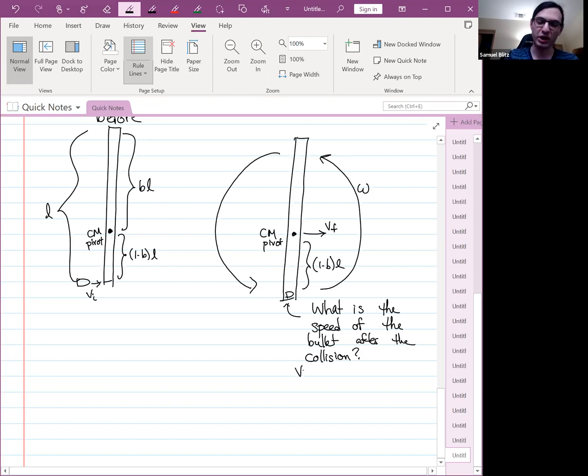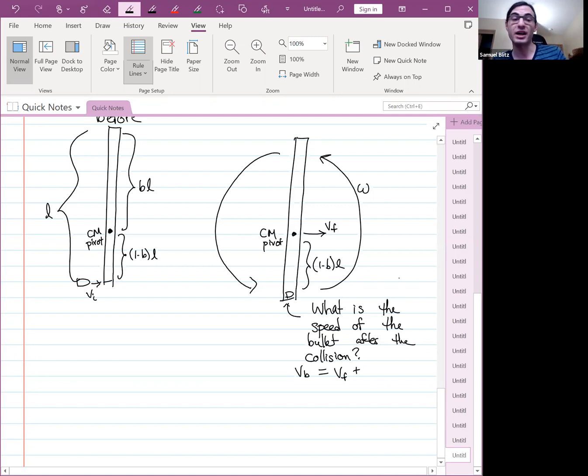So the speed of the bullet, which I'm going to call VB, is the speed of the bullet after the collision. Well, if it wasn't spinning, it would just be the center of mass velocity. So it's VF plus how fast it's spinning relative to the center of mass. Because it's spinning this way, it gets an extra kick from the rotation. We're solving for things like the speed at which it spins and how fast the rod is moving.